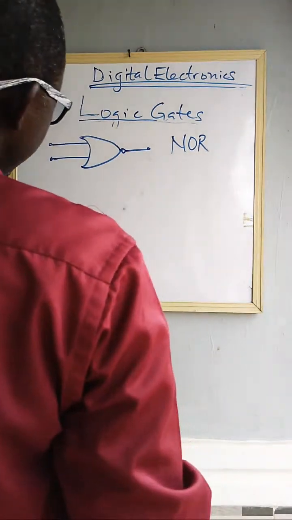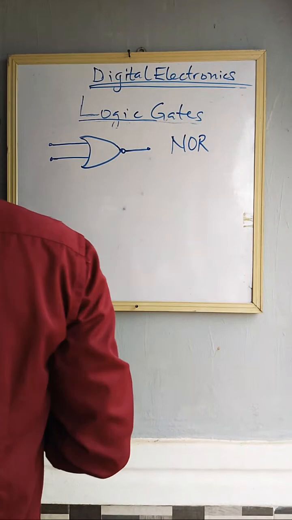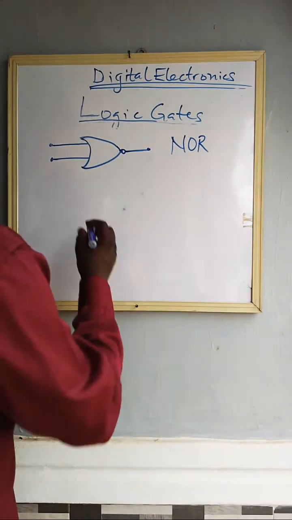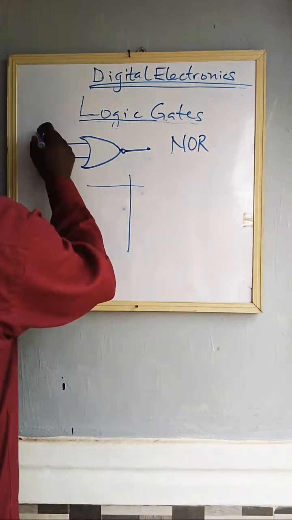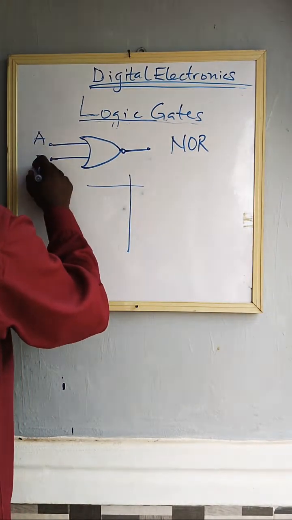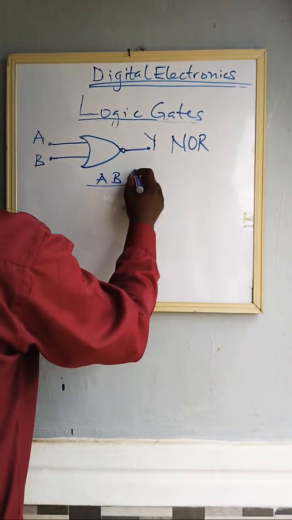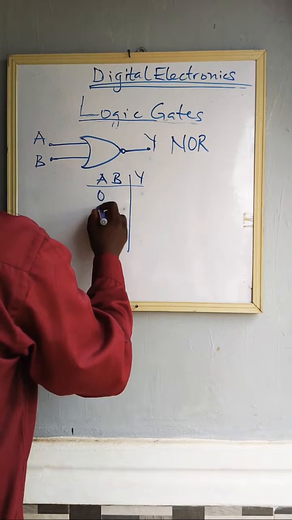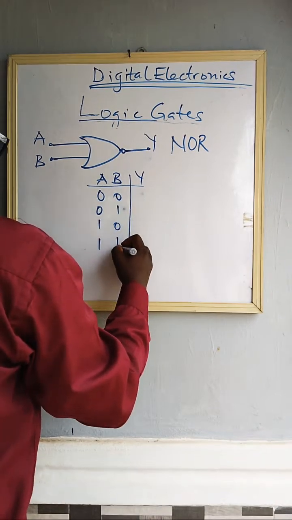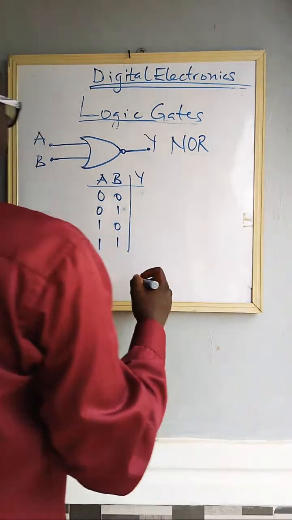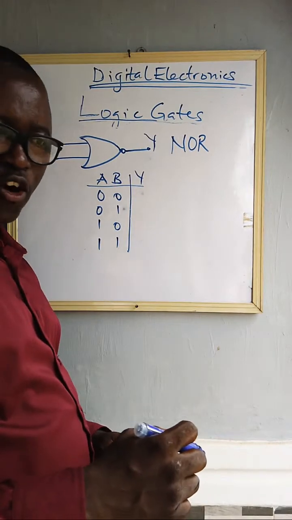As it is, we want to look at the truth table for the NOR gates. If you have inputs A, B, and output Y, let's look at the truth table: 0, 0, 1, 1 and 0, 1, 0, 1. The NOR gate inverts the function of the OR gate.